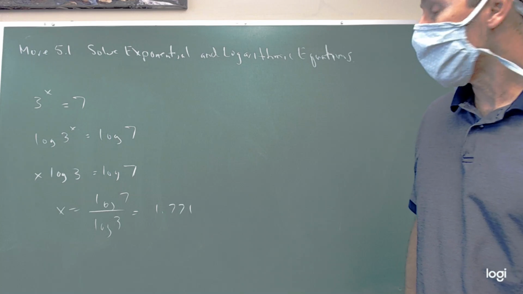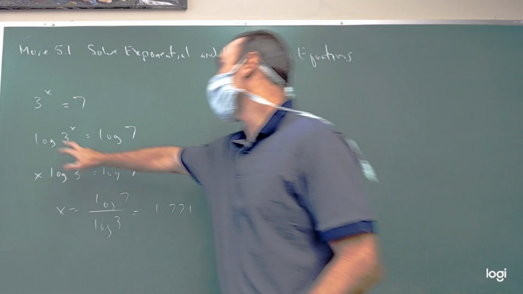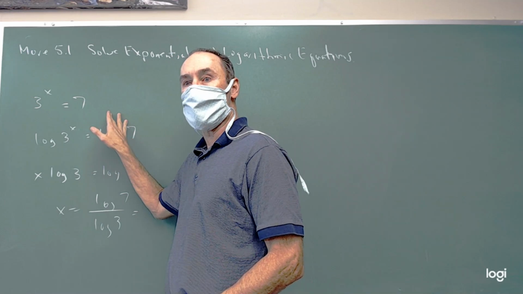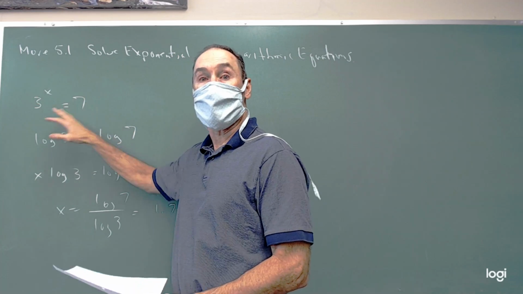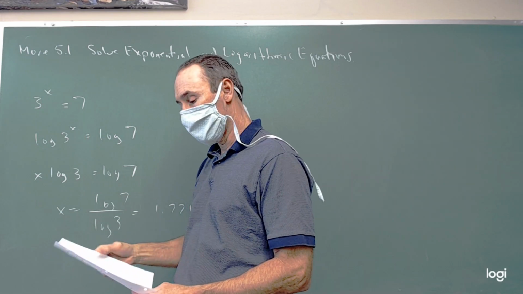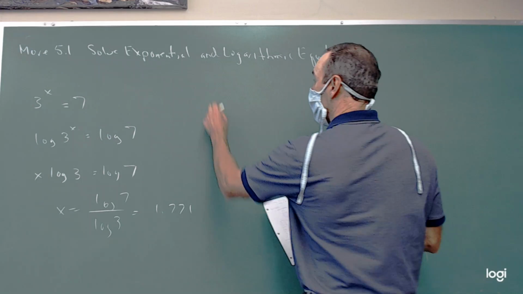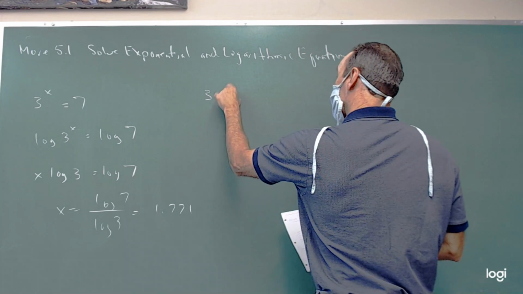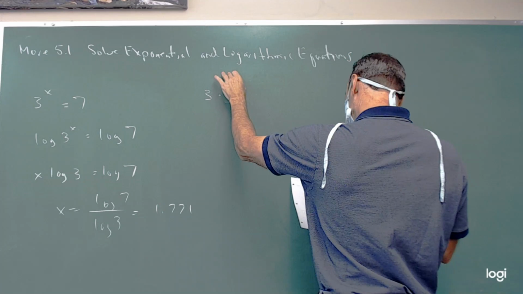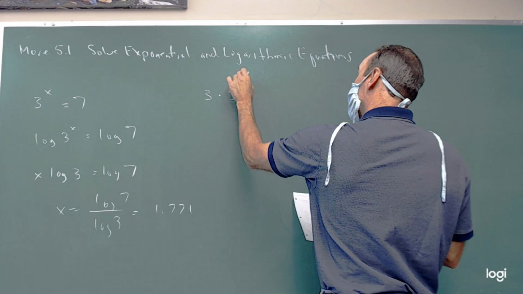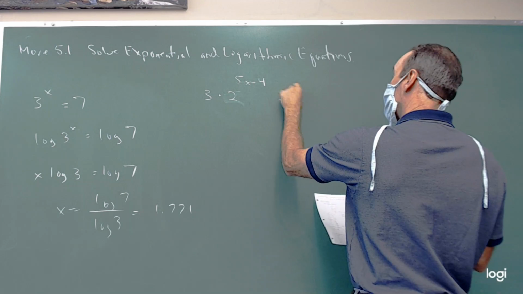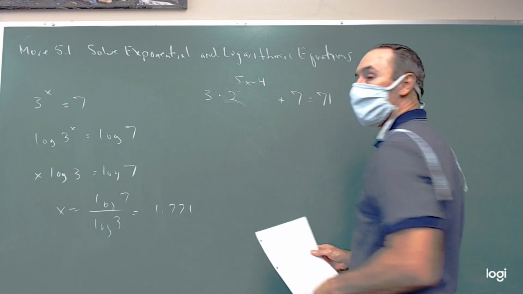So if we don't already have the exponential completely isolated, because I just gave you that one where the exponential was by itself, then you may have to do some work first to isolate the exponential and then take the log of both sides. So if we have something like 3 times 2 to the 5x minus 4, all in the exponent, plus 7 equals 71.